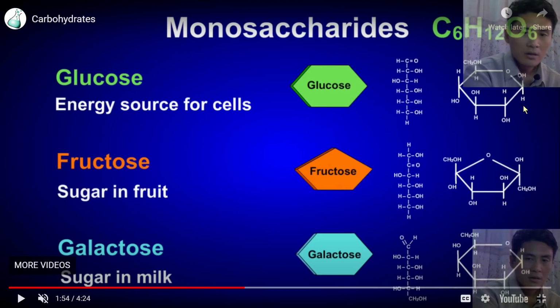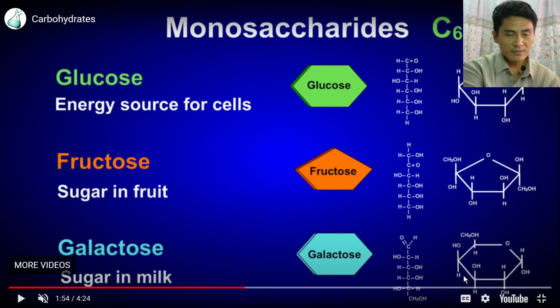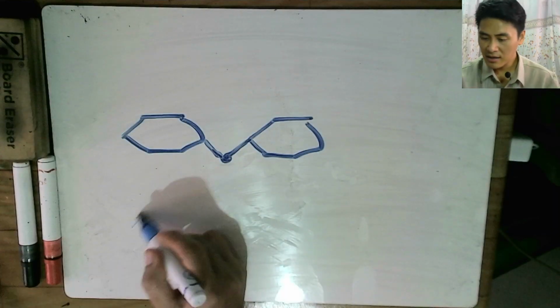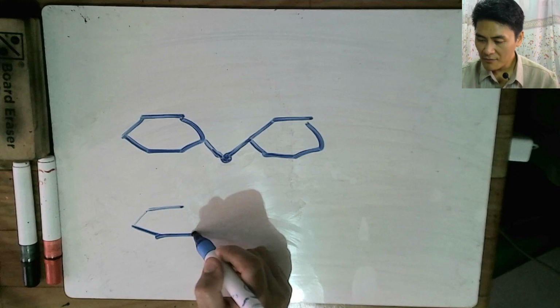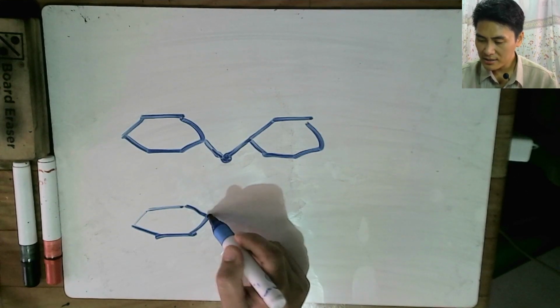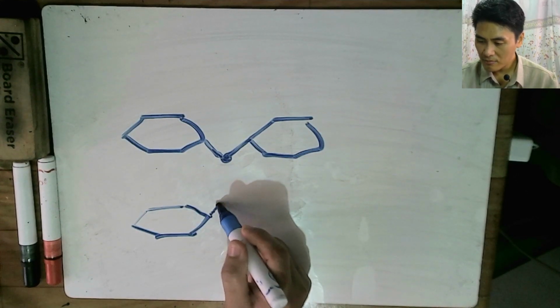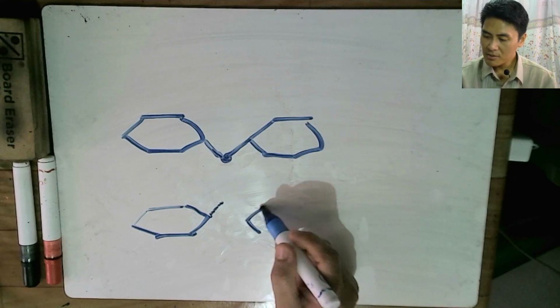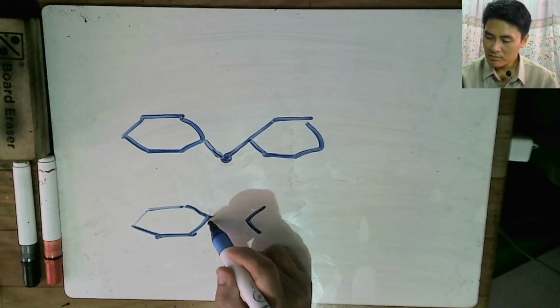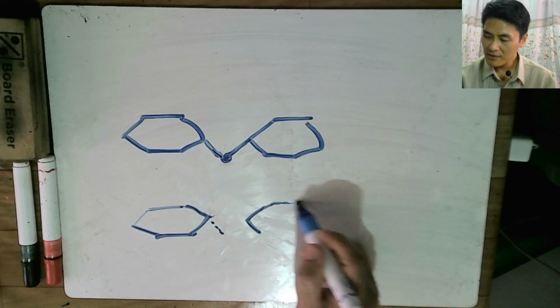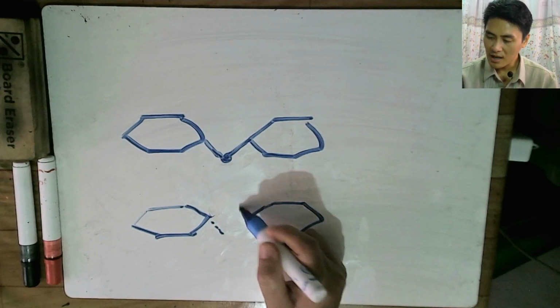So if you look at the OH here, on this side, it's at the top, right? So it's at the top. So what happens then is the site available for bonding here is at the top, but the site available at the bottom is for the glucose, while the site available for the galactose is at the top.